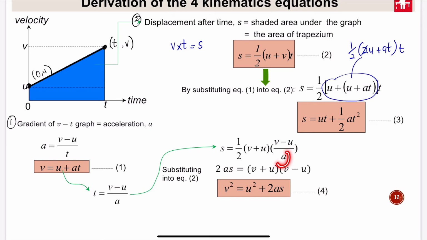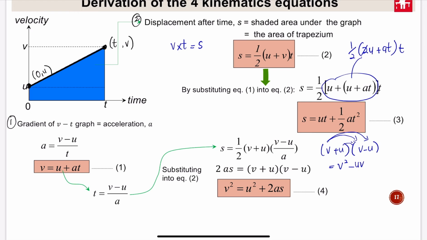Okay, so kita pindahkan 2a to the left hand side. So kita akan dapat 2as. Okay, so here is v plus u times v minus u. So kalau kita buat v plus u times v minus u, kita kembangkanlah kita punya equation ya. V square minus uv.